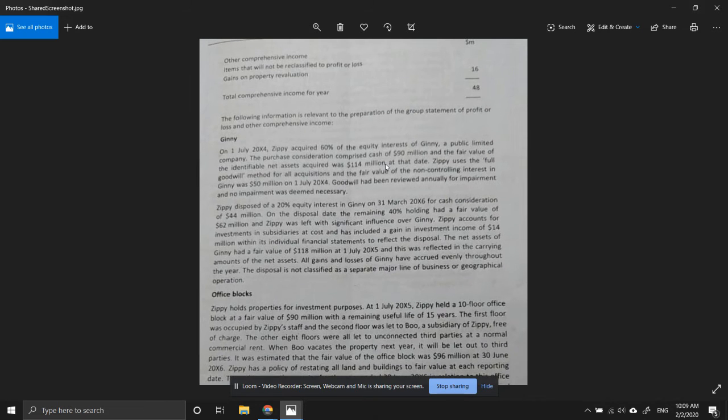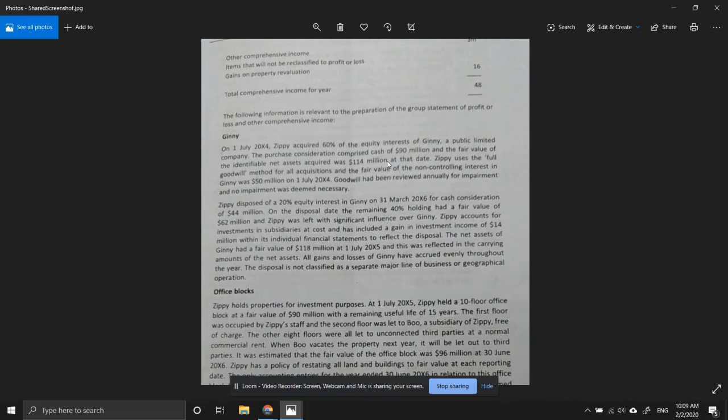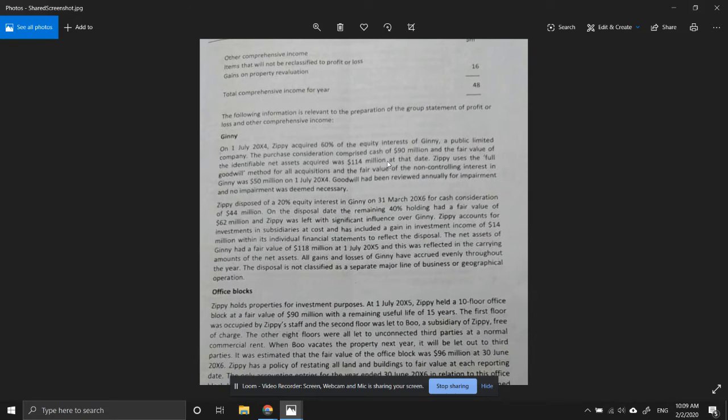So Zippy accounts for investment in subsidiaries at cost, so that is what it normally does. It has included a gain in investment income of 14 million within its individual financial statements to reflect the disposal.